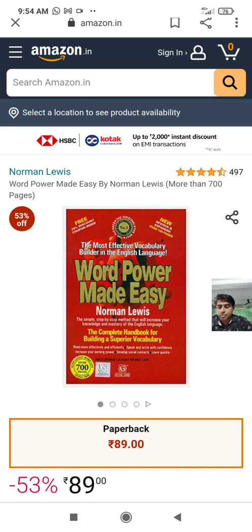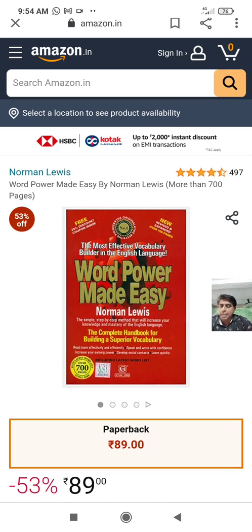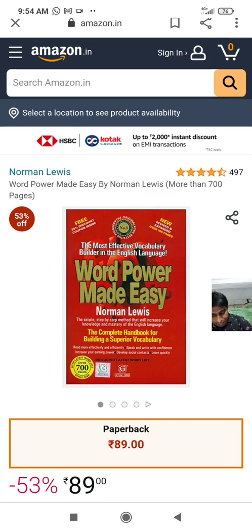Effectively means with more efficiency, and economically. Economically means what? With less money, with poor money, with less costs.